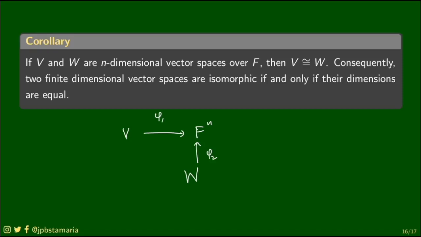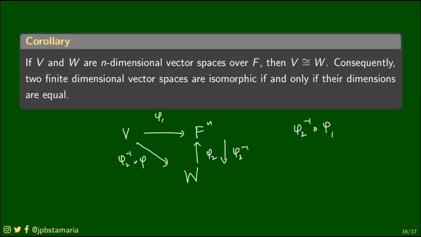Now consider the composition phi2 inverse circle phi1, because phi2 inverse will reverse this. The composition is an isomorphism from V to W. Therefore, V and W are isomorphic. Consequently, two finite dimensional vector spaces are isomorphic if and only if their dimensions are equal.